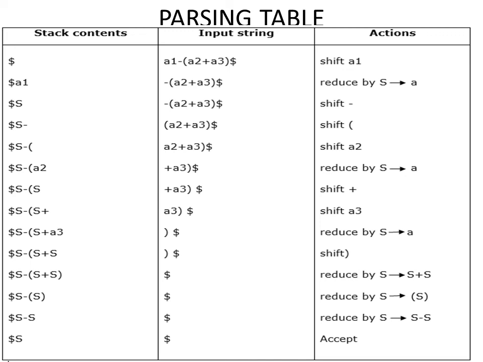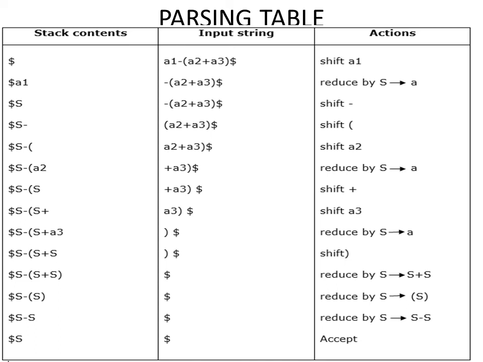The next action is reduce a by capital S. So now the stack content will be capital S minus open parenthesis capital S, and the remaining input string will be plus a3 and close parenthesis dollar. Now the action performed is shift plus.